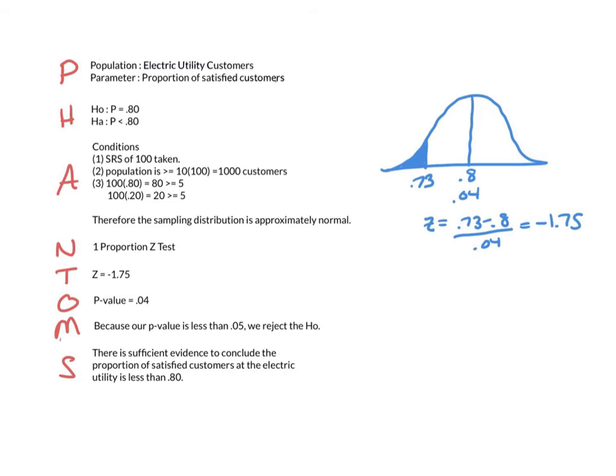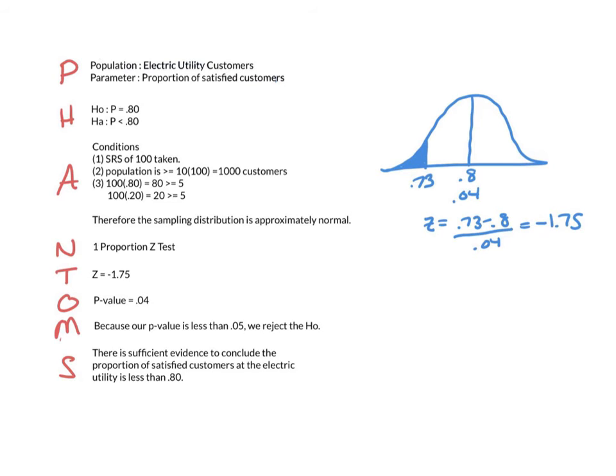Then you'd write the null and the alternate. The null was p equals 80%, and the alternate was p is less than 80%. You can think of everything that's typed out here as the stuff you actually have to write on the AP test. Then you move on to A, the conditions. So we have a simple random sample of 100 taken.